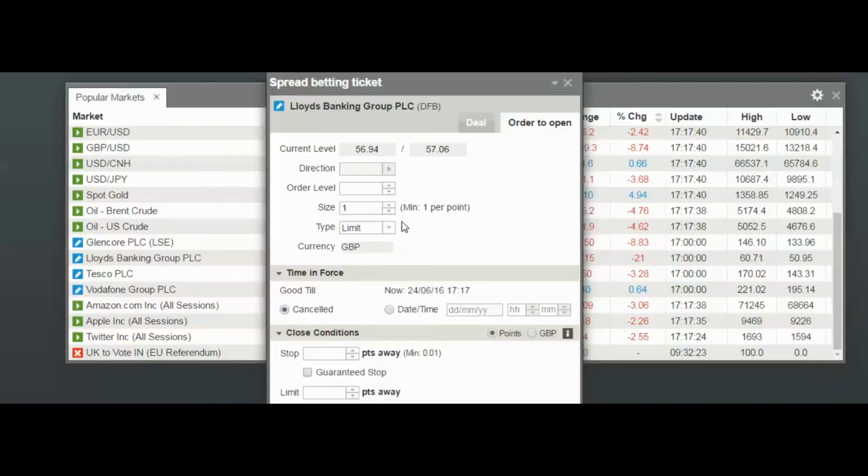So you may say, right, I'm happy to buy at 57, and risk losing £300 if the share price falls.